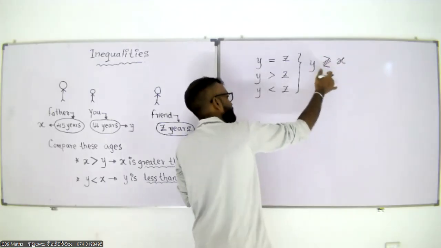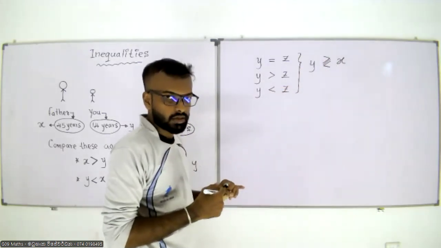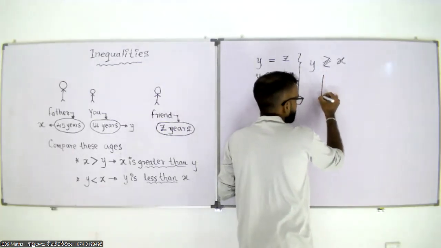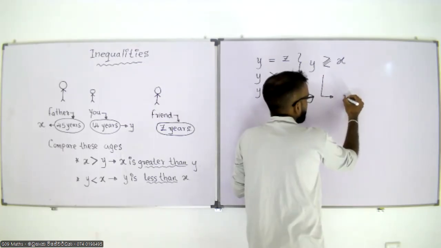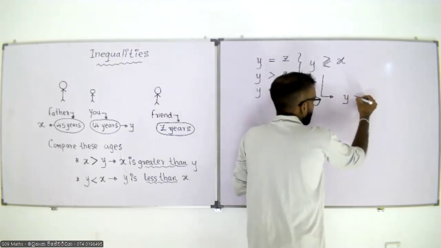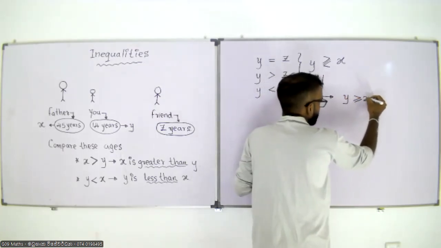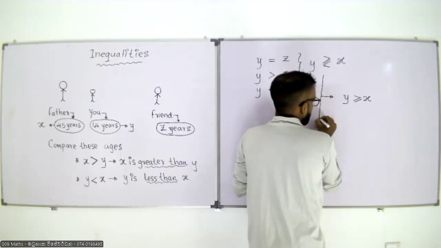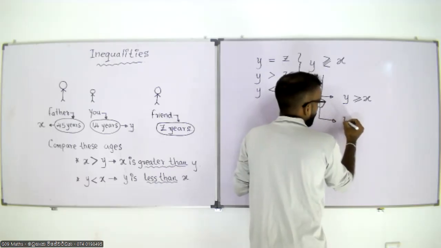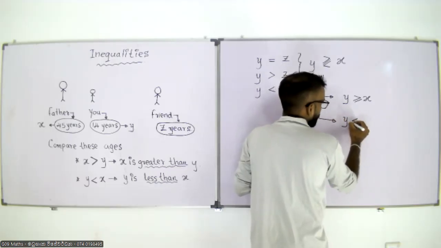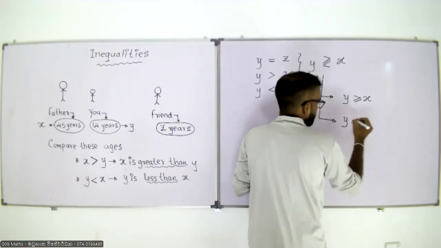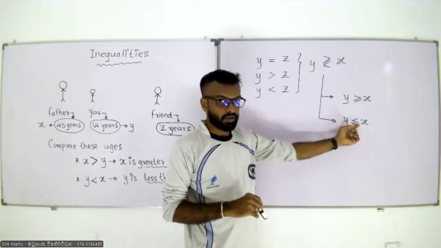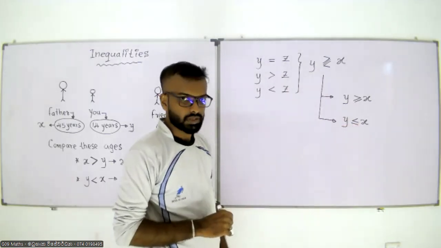And we can split this. How are we going to split? Sometimes we can write y is greater than or equal to x, and sometimes y is less than or equal to x.